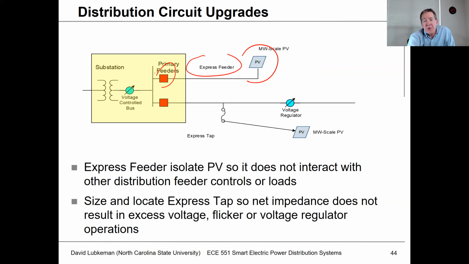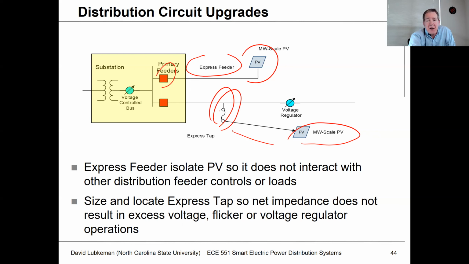Another thing you could do, if you have a large scale PV and aren't allowed to interconnect below a voltage regulator, is have what's called an express tap. It's not all the way to the substation, but you pick some point above the voltage regulator where, if you connected at this point, you won't cause issues with interference with voltage control or too large a voltage swing due to cloud cover.